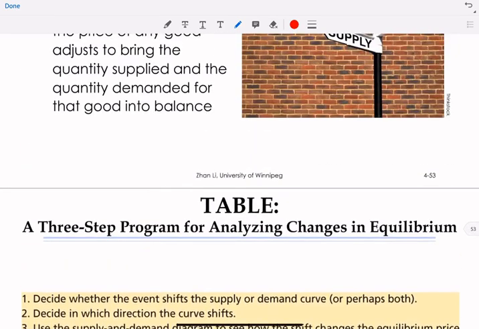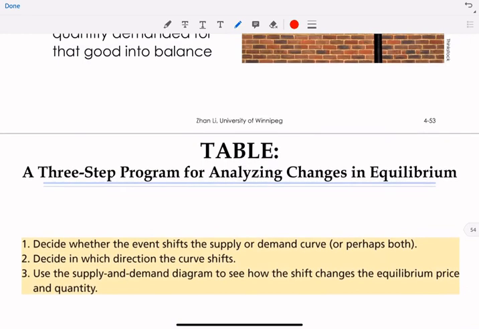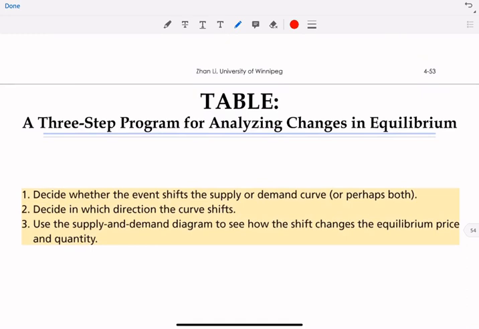So now let's do several exercises, right? To understand how we could analyze changes in the market equilibrium. The textbook gives you a three-step process to understand changes in market equilibrium. Generally you will see some event.